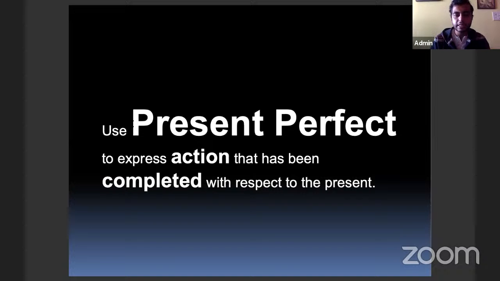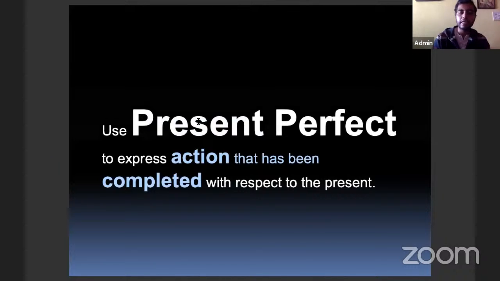Now again, what is present perfect? Simple present we have done, present continuous we have done. Now we are coming to present perfect. Present perfect is used to express an action that has already been completed.